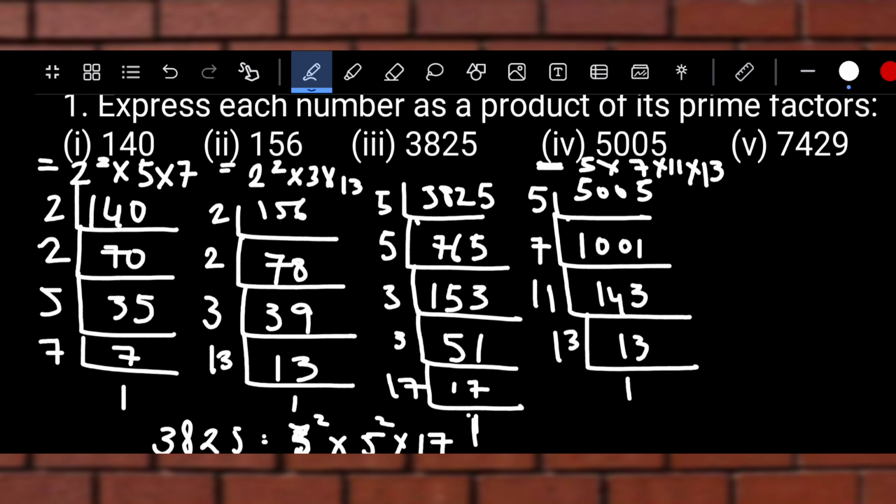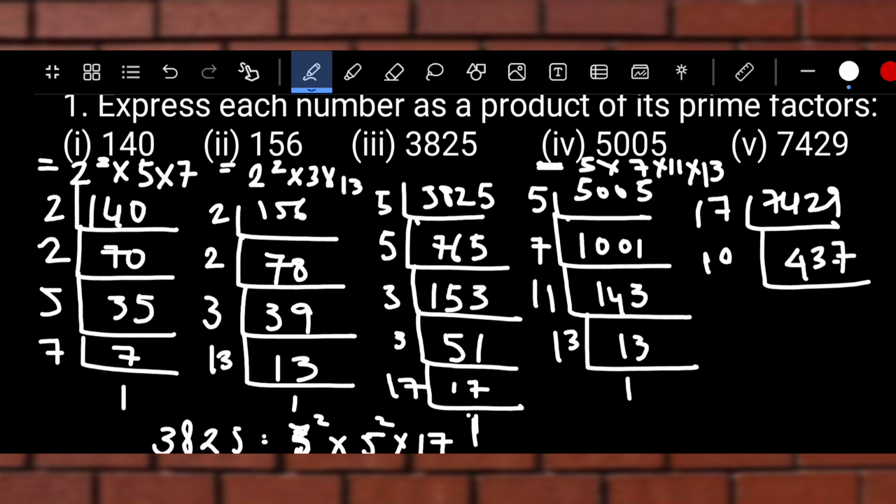Next, 7429. The prime factorization of this number: it is divisible by 17. I'll get 437. 437 is a product of 19 and 23. I'm just writing it here. 23 and 1.